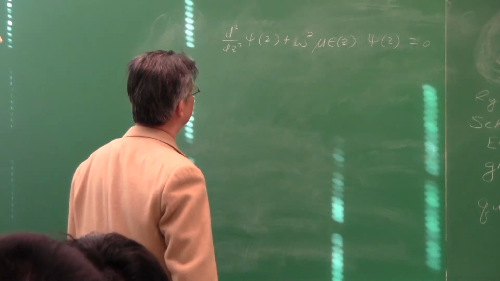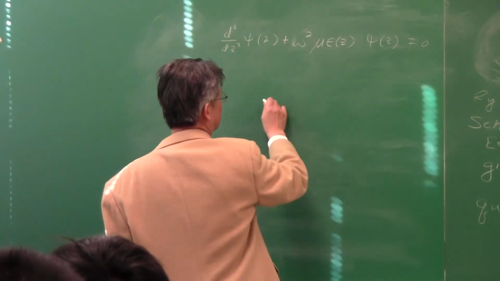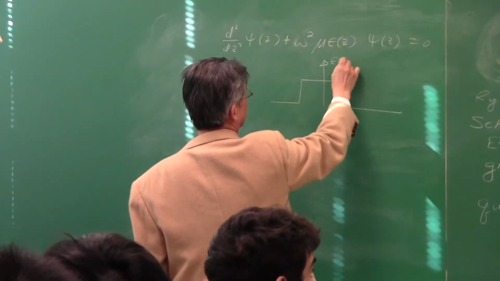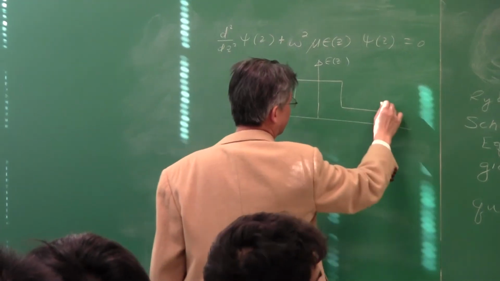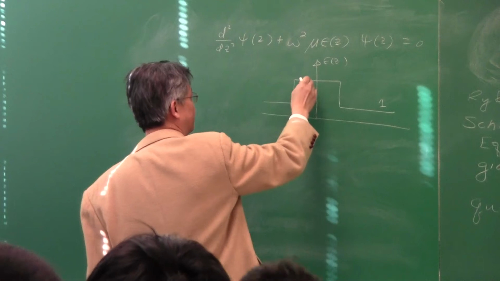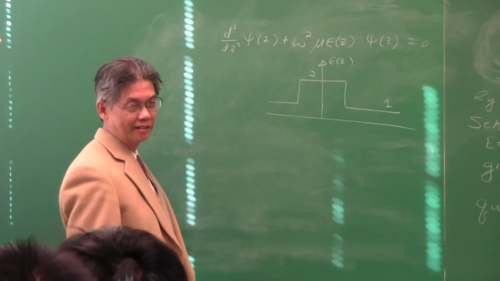So if I were to have an epsilon of z, it looks something like this. Maybe one out here, you can use the relative permittivity, and then maybe 2 in here. I know that it can trap a mode inside this dielectric waveguide.